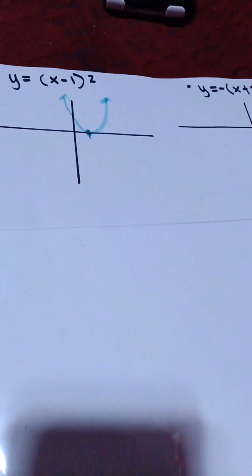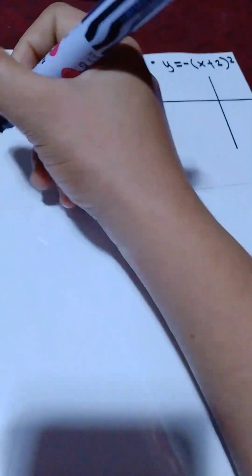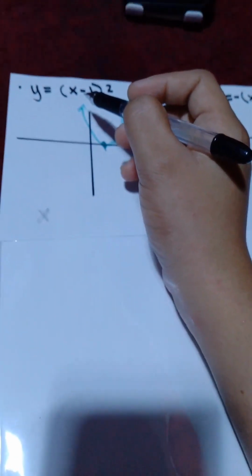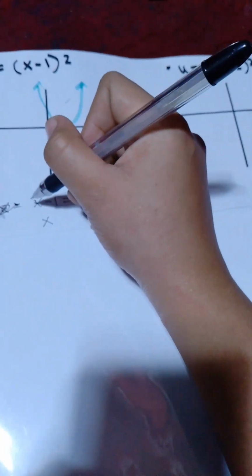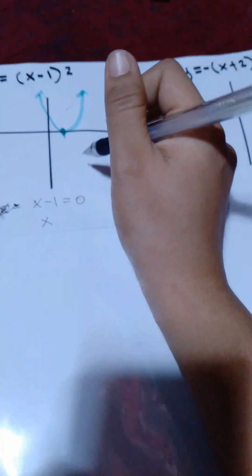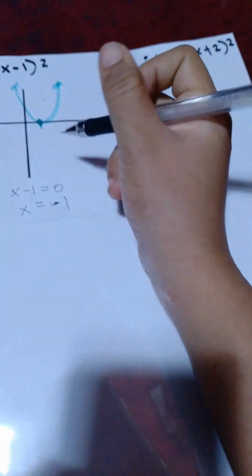If you get confused about this, you can compute the value of x by setting x minus 2 equal to 0, and then adding 2 to both sides, we have positive 2.